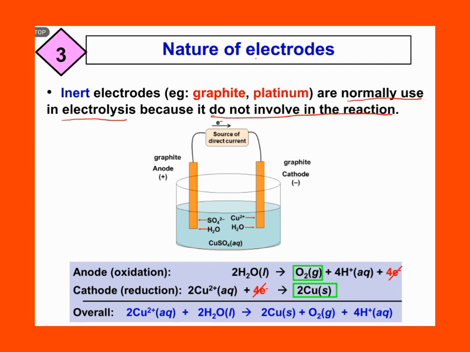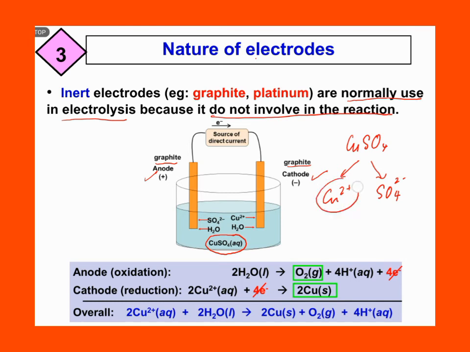Look at the diagram below. When graphite is used as the electrodes, the positive and the negative terminals are labeled as the anode and cathode. What will happen in this reaction when we use copper sulfate as an electrolyte? In the electrolyte, copper sulfate has two ions, the copper ion, the positive ion, and the sulfate ion as the negative ion.